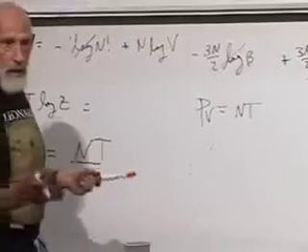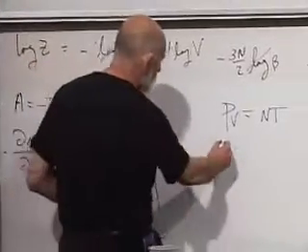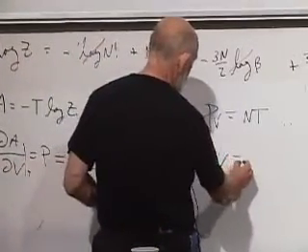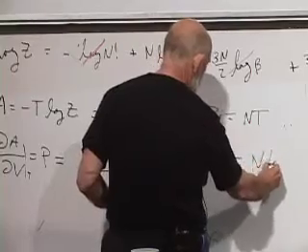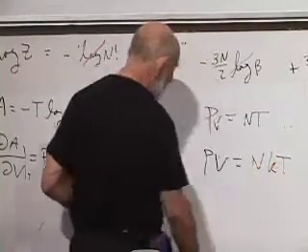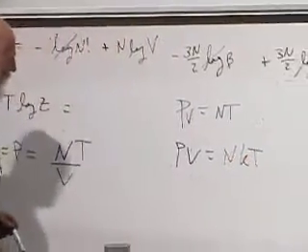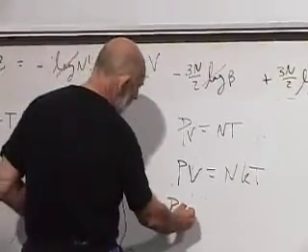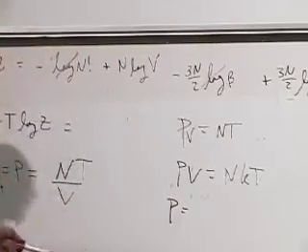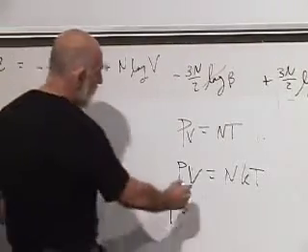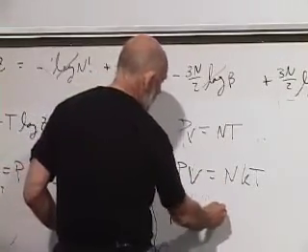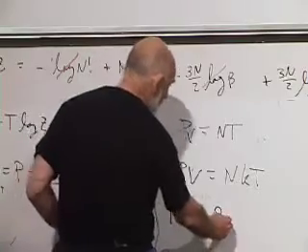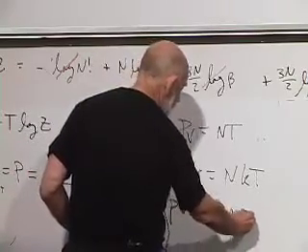Of course, in textbook notation, this would be PV equals NkT. And then we can divide by volume and write that N over V is the density of particles, rho, so pressure equals rho kT.